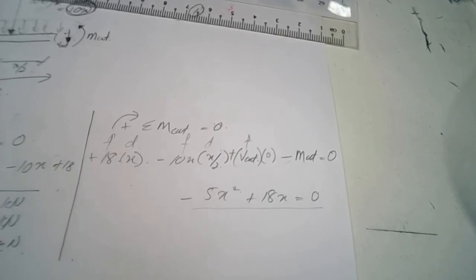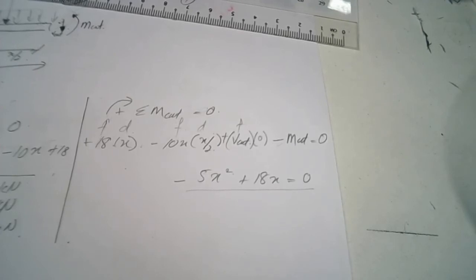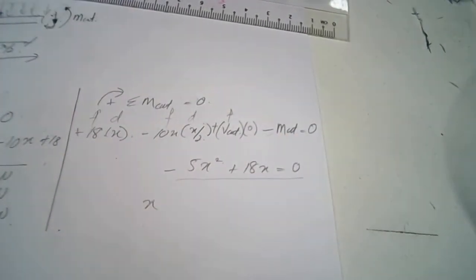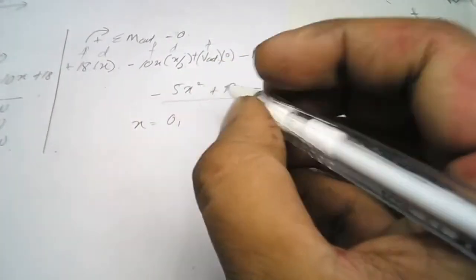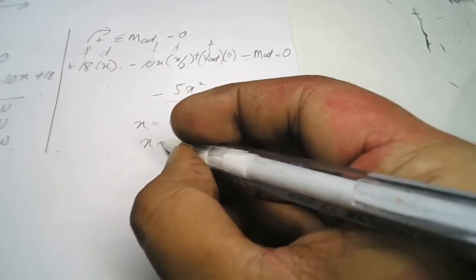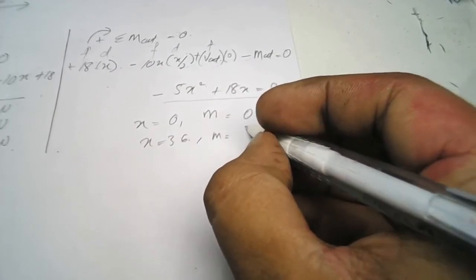Let's say if the x value is 0, what happens to the moment? If x is 0, the moment M will become 0. If the x value is 3.6, the M value will become 0 again.